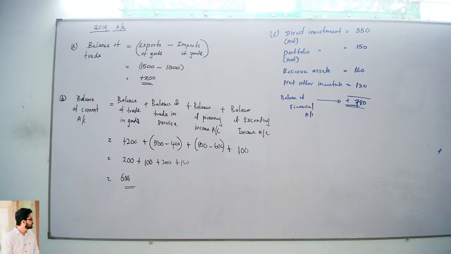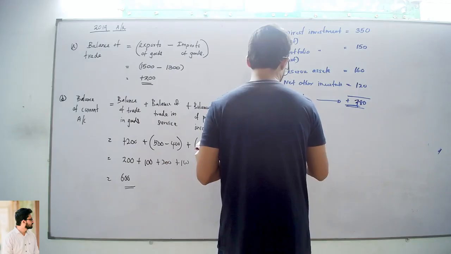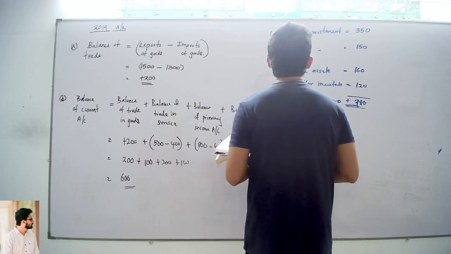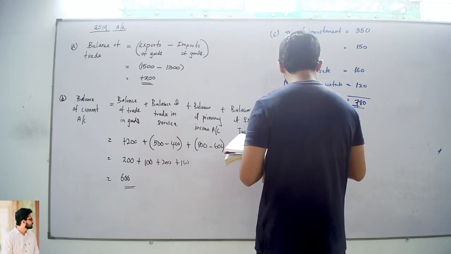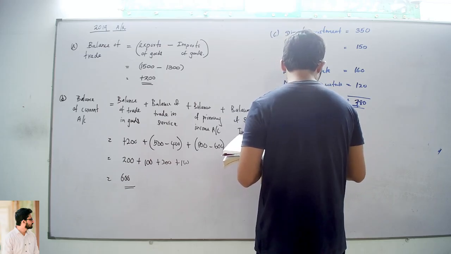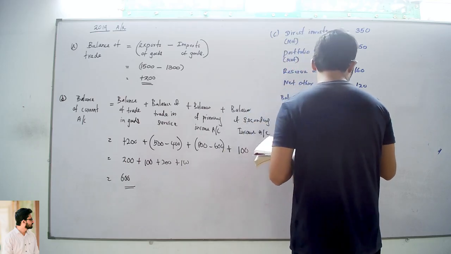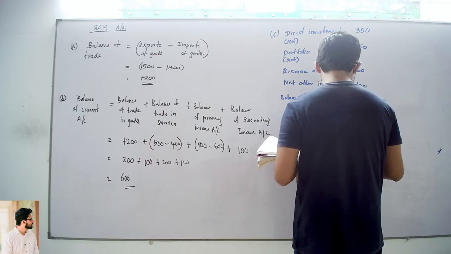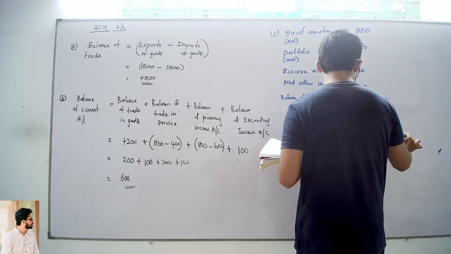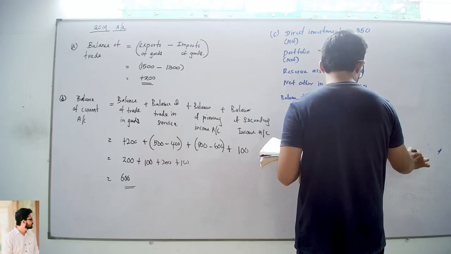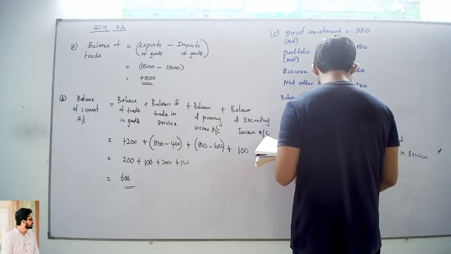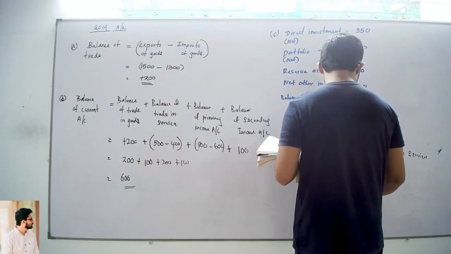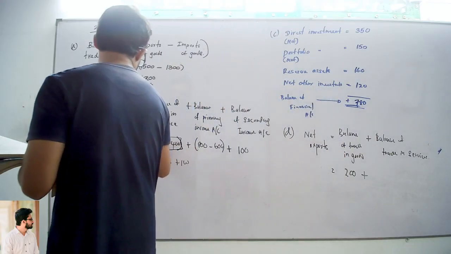Sandil, what about you? Net export equals balance of trade in goods plus balance of trade in services. We have already calculated the balance of trade in goods as 200, plus the balance of trade in services, which is this part: 500 minus 400.